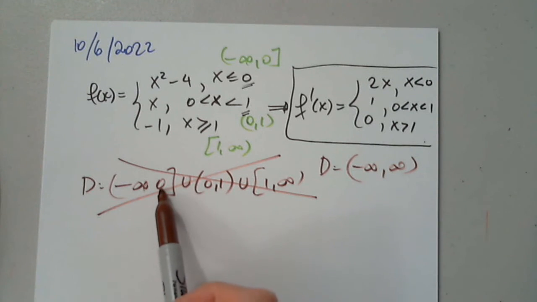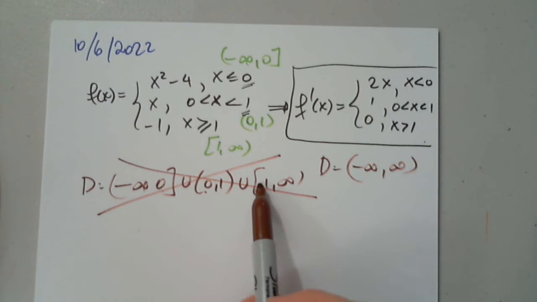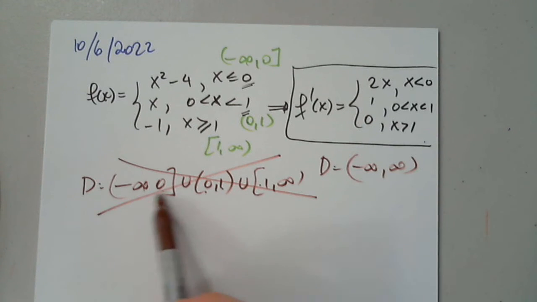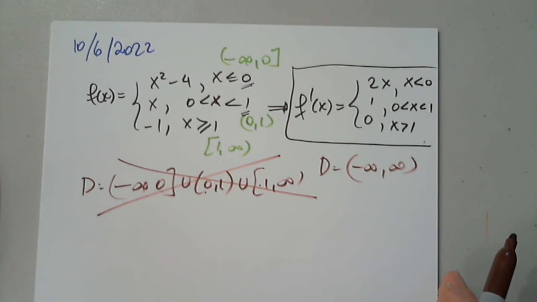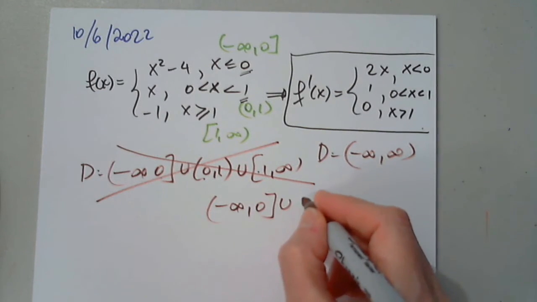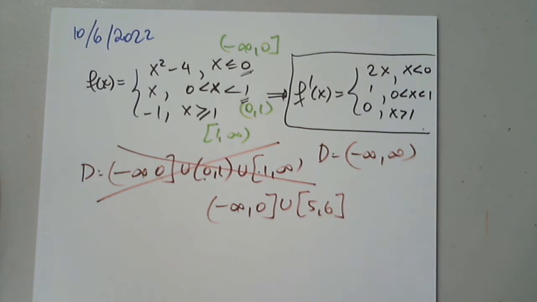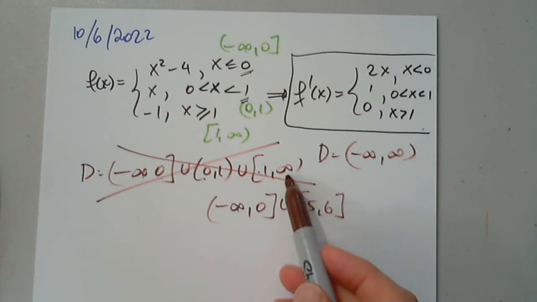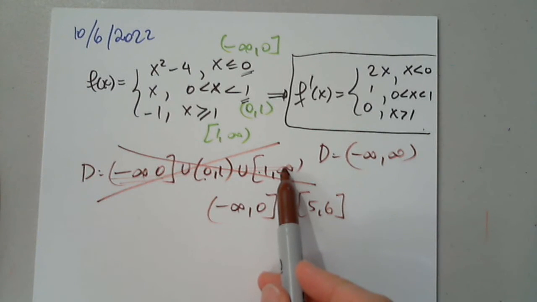What's the point? 0 is here, but it's not here. 1 is here, but it's not here. We don't write this unless there is a gap. If there is a gap, like from -infinity to 0, union 5 to 6, yeah, I have to use this because there is a gap between 0 and 5. But if nothing is missing, we never write it like this.